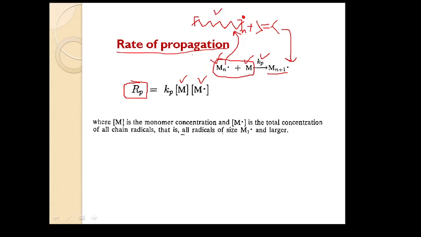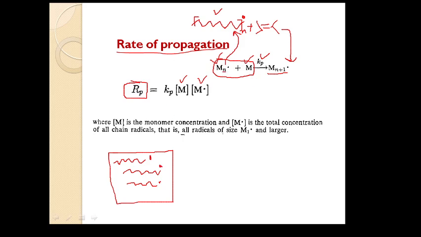Actually, when the polymerization occurs, there are so many active radical chains. So one chain may be of, let's say, 5 carbon atoms, another chain may be of 10 carbon atoms, another chain may be of 13 carbon atoms. So all these are active chains. This one is Mn dot, so n may be 10, 20. So this n may vary.